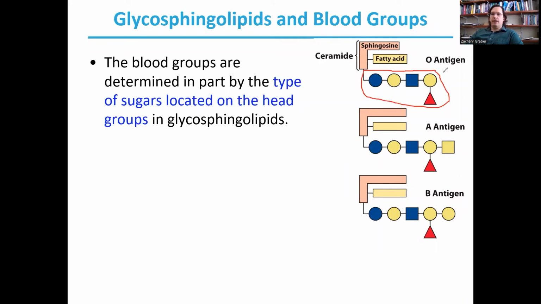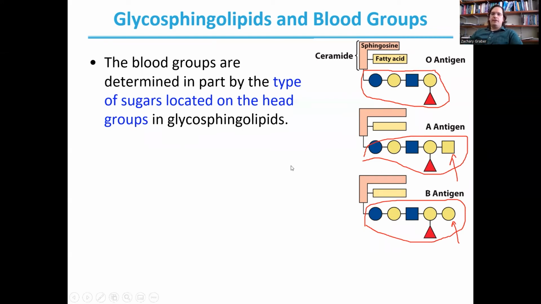We have one that is the O antigen, one that is our A antigen, and one that is our B antigen. And the difference here, you'll note, is just in what sugars are attached to our different lipids here, which you can notice as these little colored symbols here. So we have this additional sugar attached on for the A antigen, and we change which type of sugar is attached for our B antigen here.